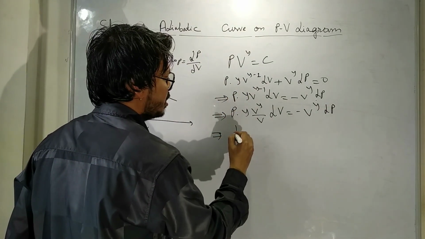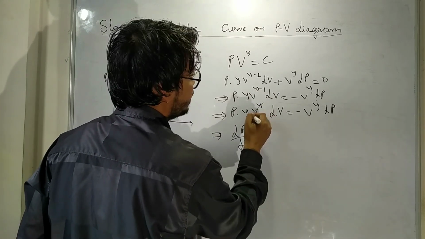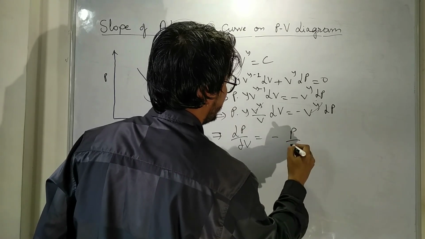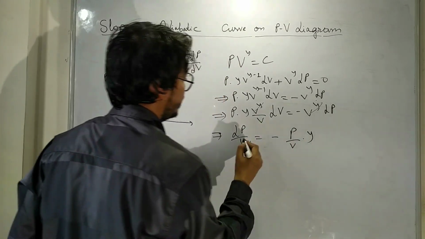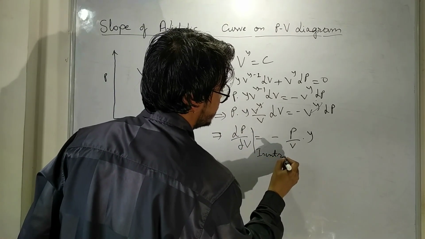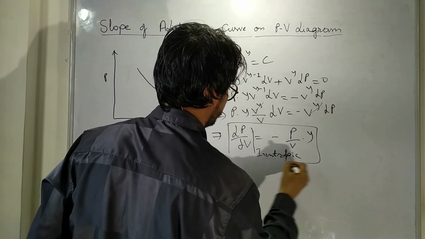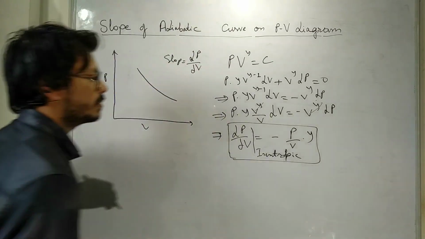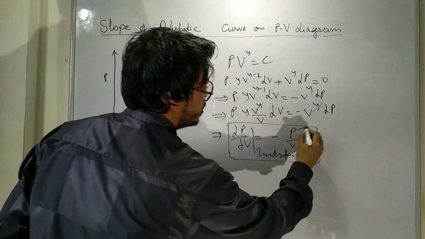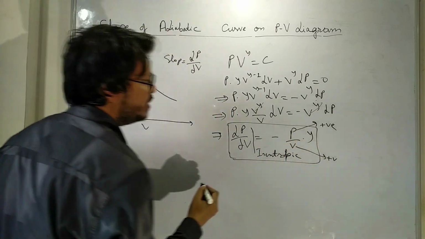Now, dP by dV is equal to, this V will cancel out, so it is minus gamma times P by V. This is the slope for an isentropic process. P is positive and V is always positive, so the slope will be negative.